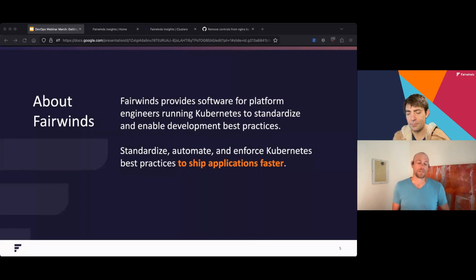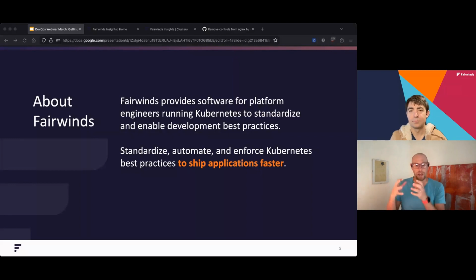So everybody struggles with Kubernetes, particularly when they first get to it. And platform teams at any kind of serious scale are working really hard to build repeatable processes so that they can standardize, automate, and enforce best practices.